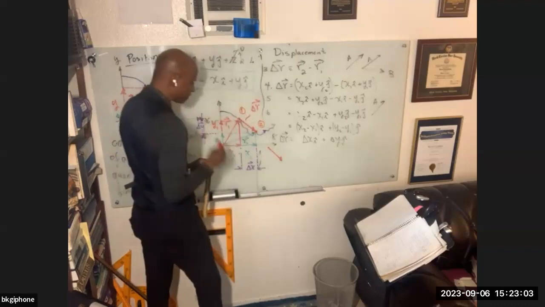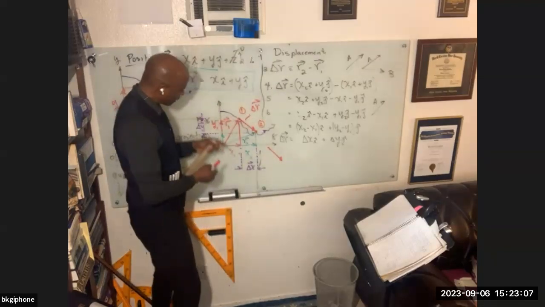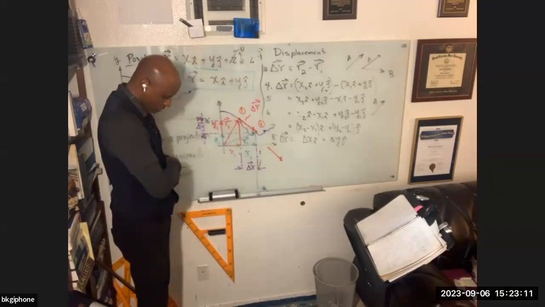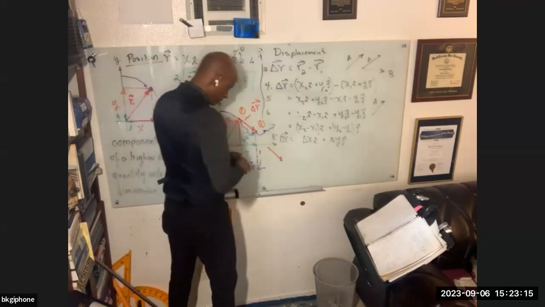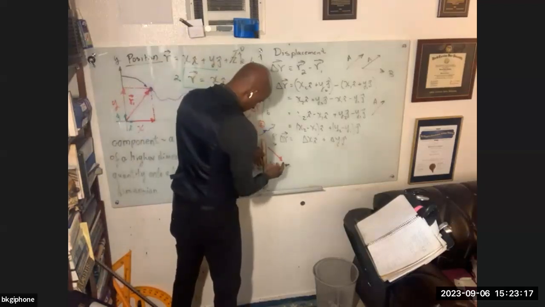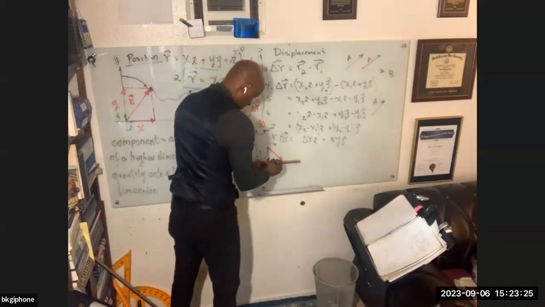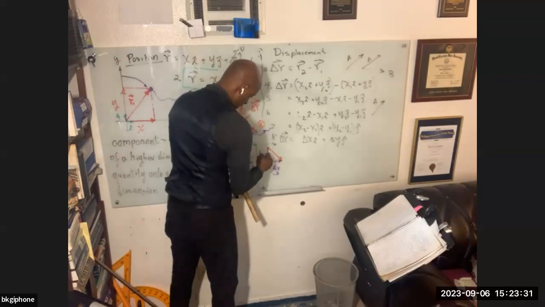And you can see that it has a delta Y, which is this distance here that I can bring over there. I'll do it in purple like I did before. And it has a delta X here. Delta X there and delta Y.